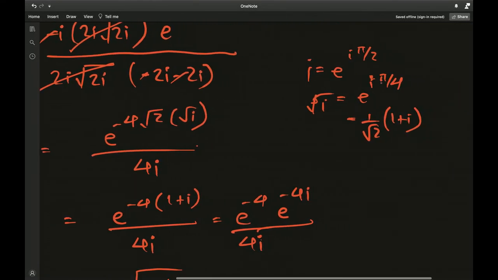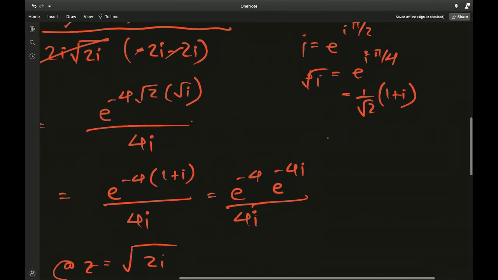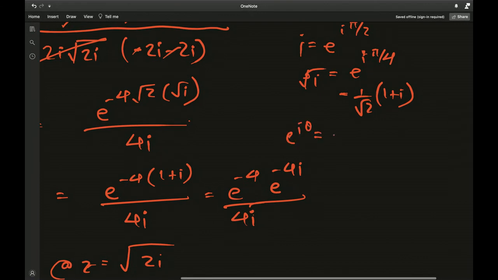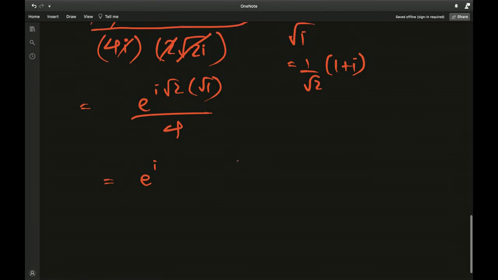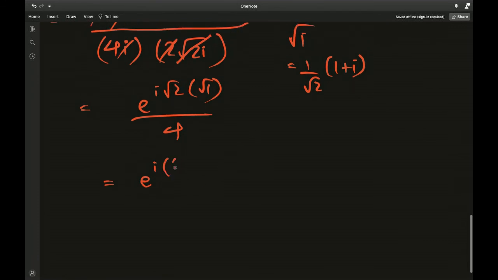In case you were wondering how e to the i pi over 4 became this thing, it's because e to the i theta is cosine theta plus i sine theta. Sine of pi over 4 and cosine of pi over 4 are 1 over root 2. Just Euler's formula all over again. We'll just have 1 plus i over here divided by 4.